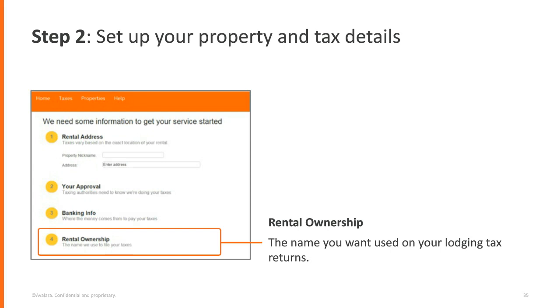If you want your tax returns filed in the name of a business, such as an LLC or other type of corporation, you're able to enter that corporate information as well as your federal tax ID. We ask for all of that information. If the property is just owned personally by an individual or multiple individuals, we're able to obtain tax accounts and business licenses just using the names and social security numbers of those owners.